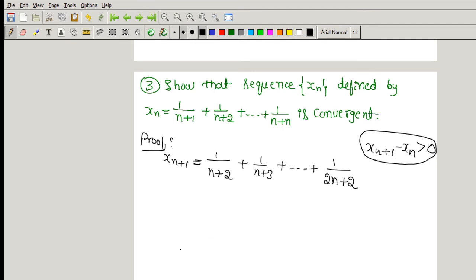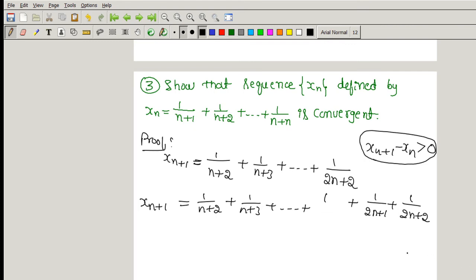I will write a few more terms before this 1 by 2n plus 2. xn plus 1 is nothing but 1 by n plus 2 plus 1 by n plus 3 plus so on, plus this term 1 by 2n plus 2. The previous term is 1 by 2n plus 1, and before that is 1 by 2n.